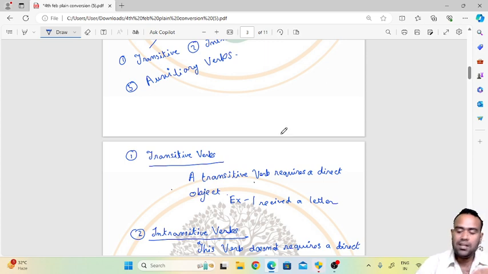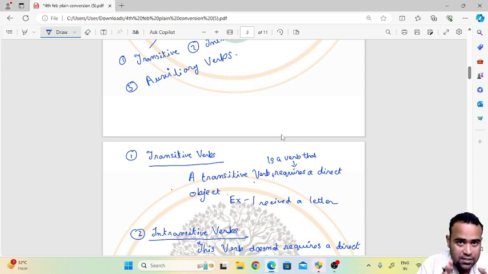Now what is a transitive verb? It is written here. A transitive verb is a verb that requires a direct object. So what is a transitive verb?